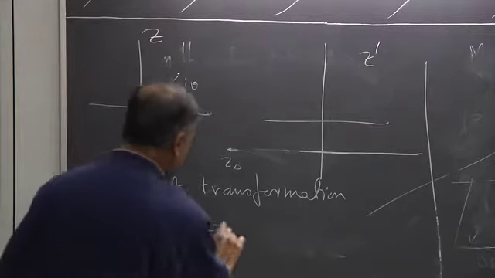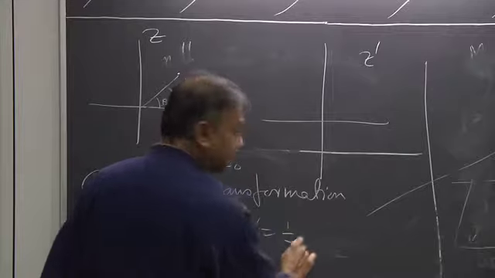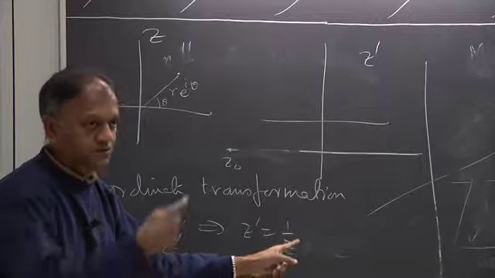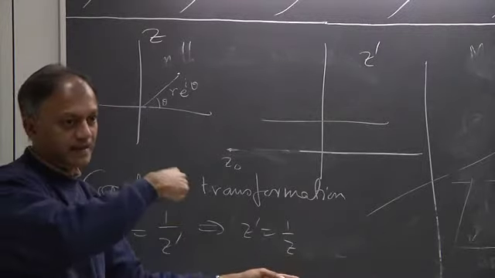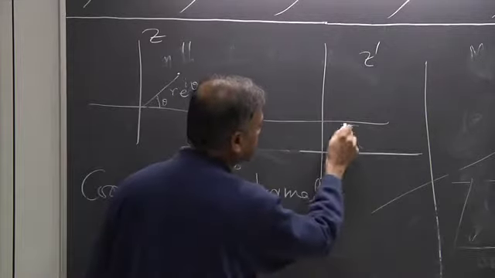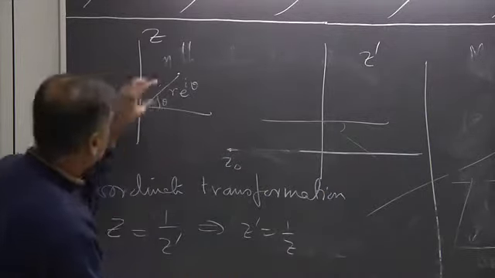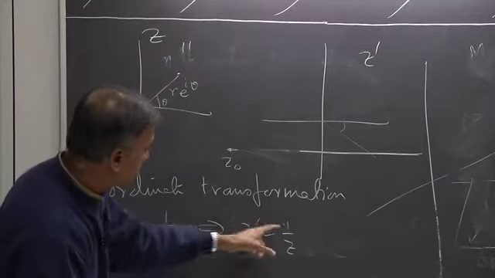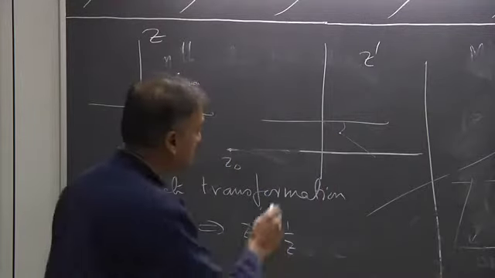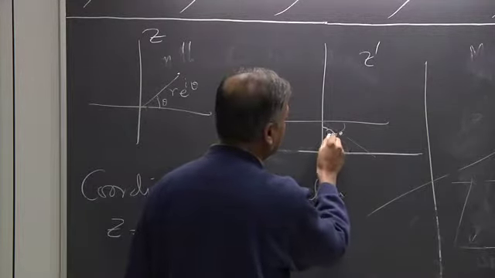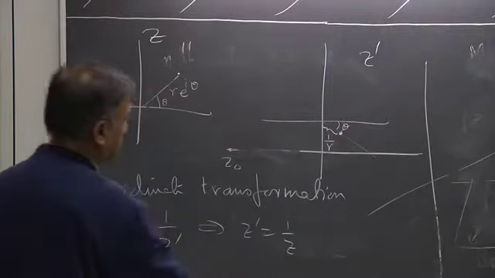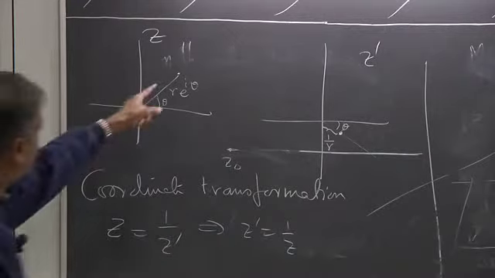So z prime will become 1 over r times e to the i theta, which means e to the i theta becomes e to the minus i theta. So if this is theta, then minus theta will be somewhere here, and the modulus will become 1 over r. So this length will be 1 over r, and this angle is minus theta, minus meaning down. Okay, so this point is mapped there.